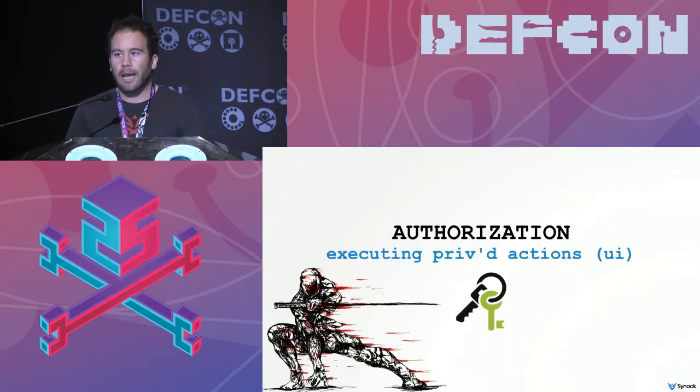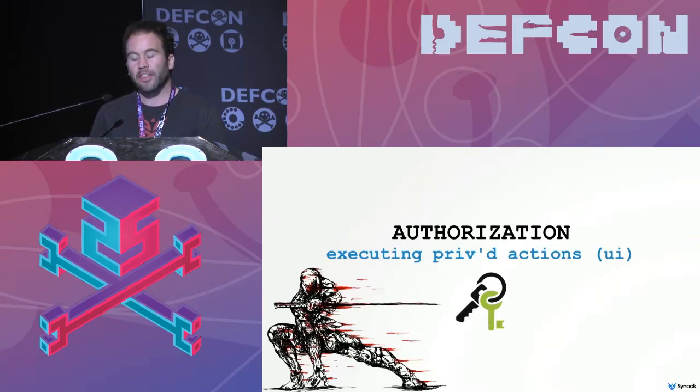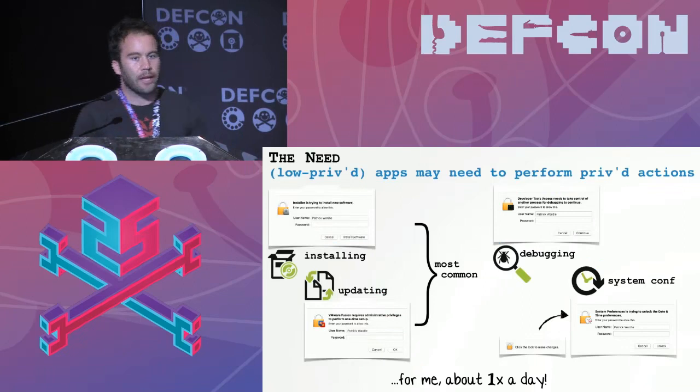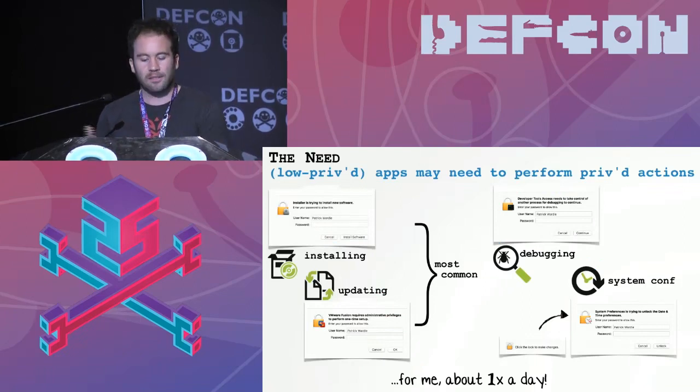So first, let's look at how an application can authenticate with the operating system to be authorized to temporarily perform high privilege actions. So, if you're a Mac user, I'm sure you're very familiar with these authentication dialogues, as Apple calls them. We'll also refer to them as authentication or auth prompts. So apps run at user privileges, but sometimes they need to perform higher privilege actions.